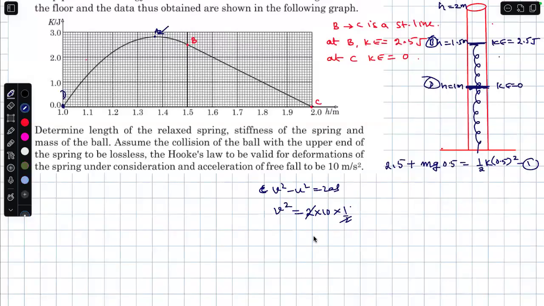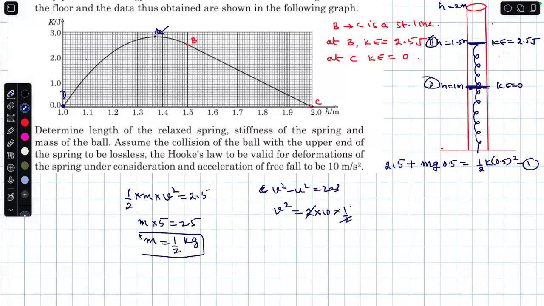V square is 10. So which means at this point of time, half into mass into velocity square is 2.5. Velocity square I know as 10. Mass into 5 is 2.5. M is half kg. Correct?